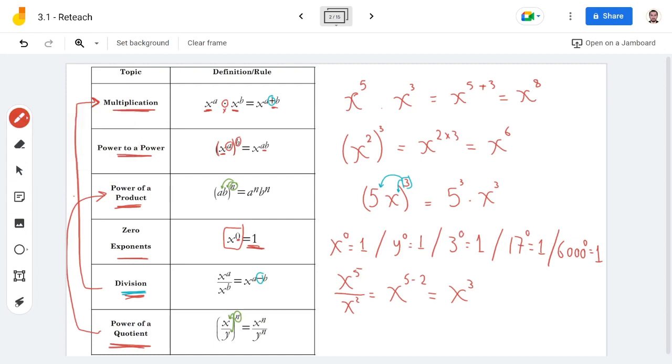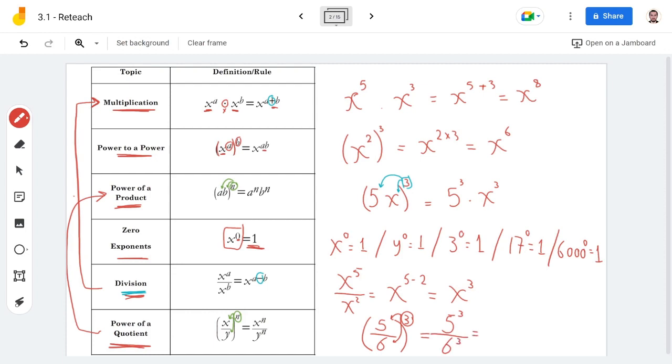Let's say we have 5 over 6, all of that to the power of 3. You just distribute the 3 now to the 5 and to the 6. So 5 to the power of 3 over 6 to the power of 3. Okay, so this is how you can do this one.